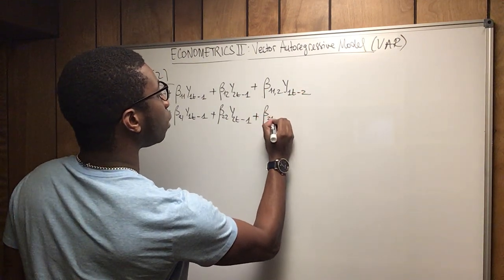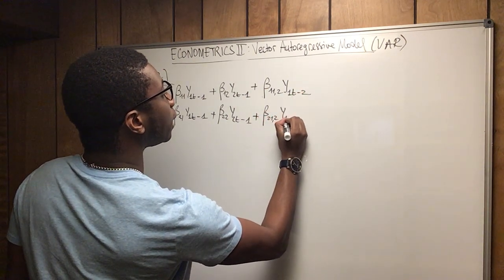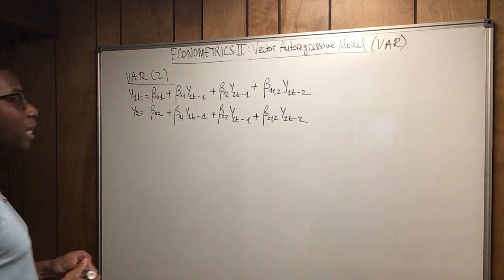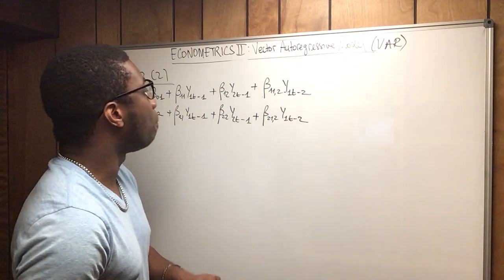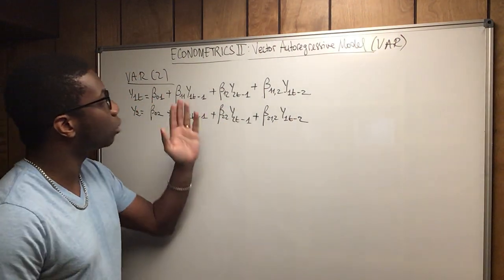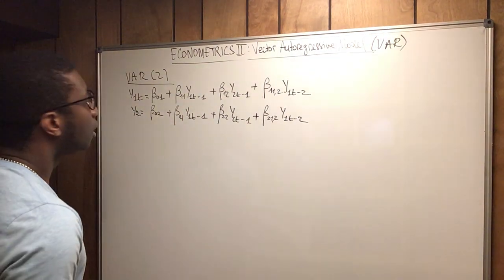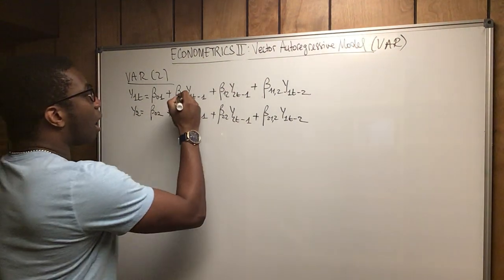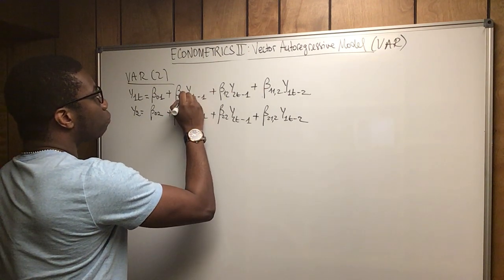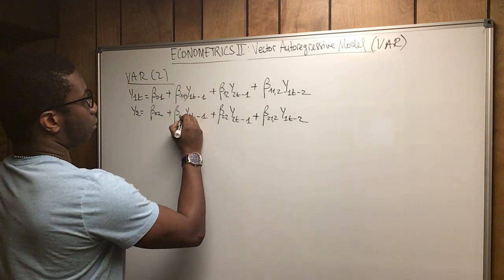Beta 21,2, y1t minus 2. All right. That being said, I have to move back and come to beta 11 and beta 21, beta 12 and beta 22. So we are going to put a comma here and then put 1.